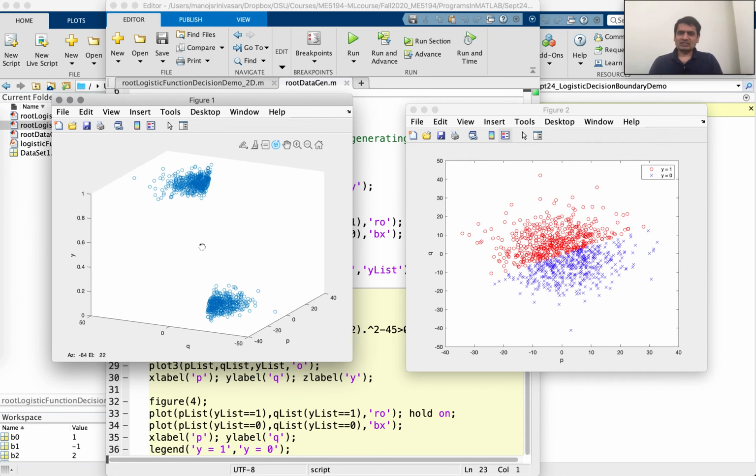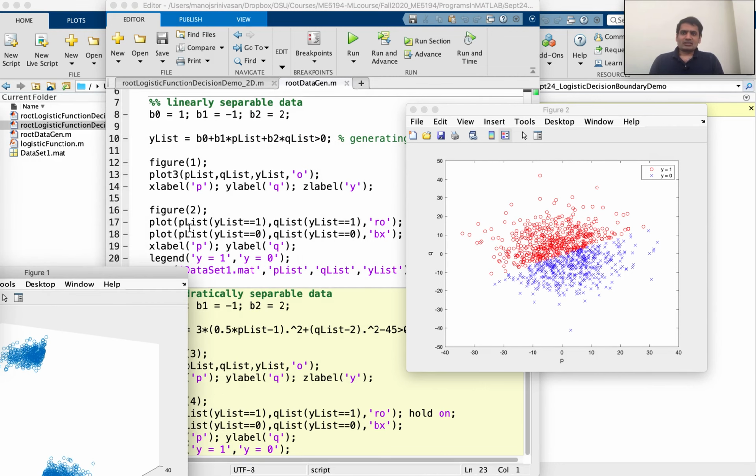To visualize that differently, just focusing on the P and Q inputs, you can visualize this kind of data in this manner. Here's the code. When y list equals 1, we plot p list and q list with a red circle, and when y list equals 0, we plot p and q with a blue cross.